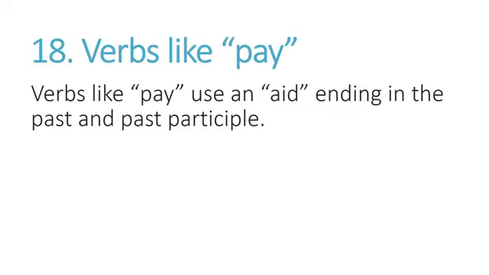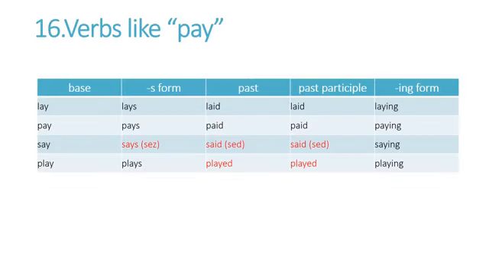Verbs like pay use an AID ending in the past and the past participle. Let's look at some examples. Lay, laid, laid. Pay, paid, paid. Now look at the next one. With this one, the spelling is the same as the ones above.